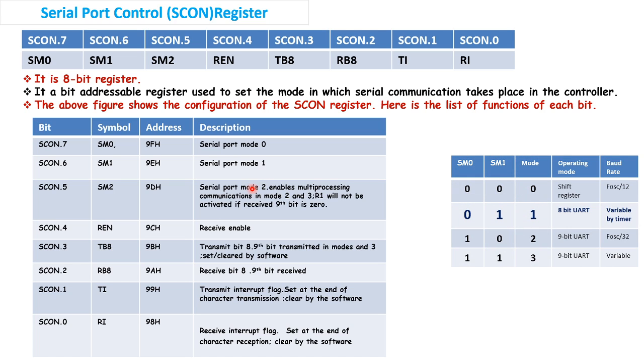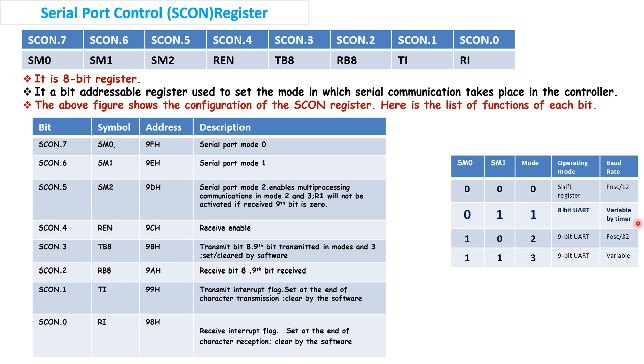The serial control register supports 4 different modes, given by the serial port mode 0 bit and serial port mode 1 bit. When both are 00, it is mode 0, the shift register, and the baud rate is the oscillator frequency divided by 12. 01 gives mode 1, an 8-bit UART, where the baud rate is variable and decided by the timer.